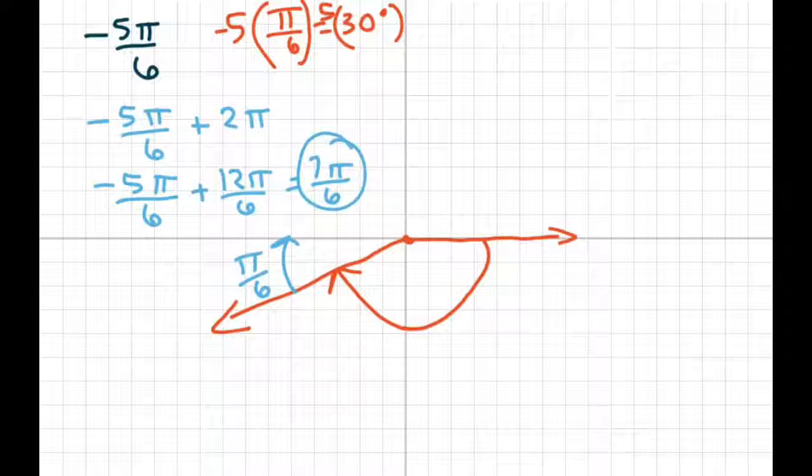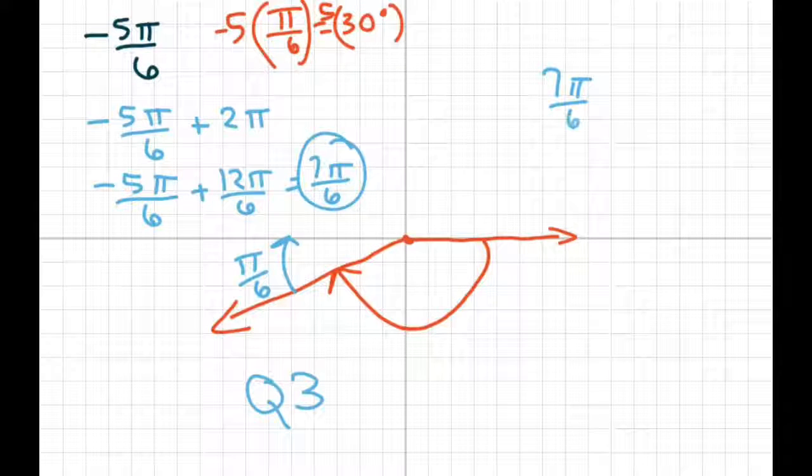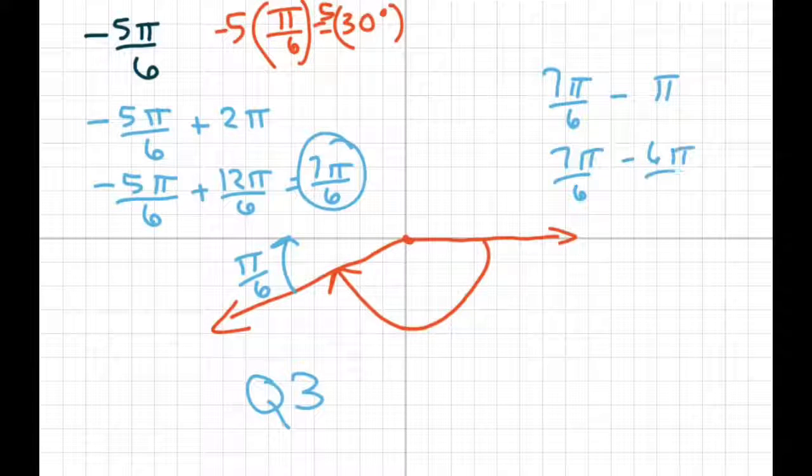Once you have that, knowing that you're in quadrant 3, you take your 7 pi over 6 minus pi. So you get 7 pi over 6 minus 6 pi over 6. That gives you your pi over 6. And that's all.